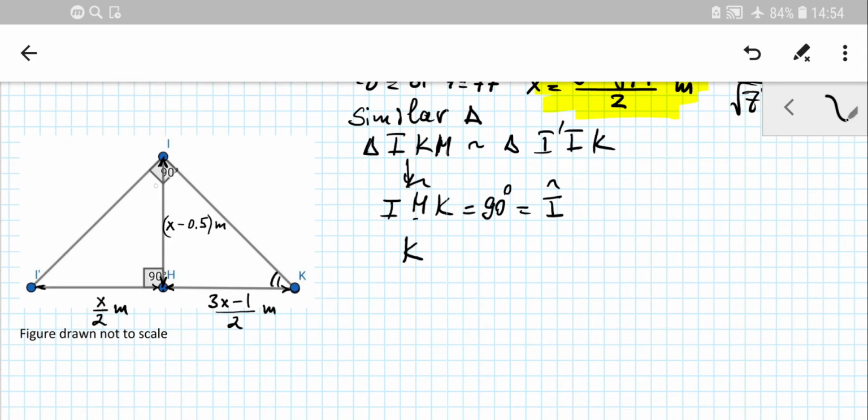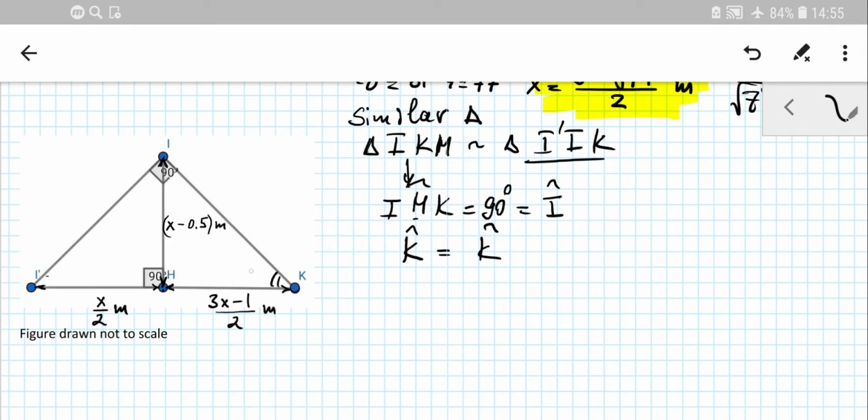So angle K in the small triangle is equal, we don't know the value, but we know that it's the same angle as in the big triangle, which is also K for triangle I', I'K. So we know two angles, and this angle automatically will be equal to that angle.